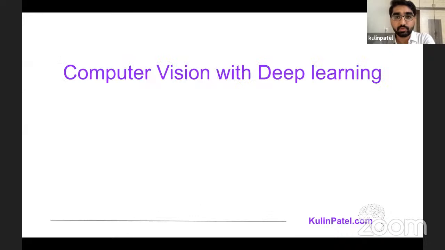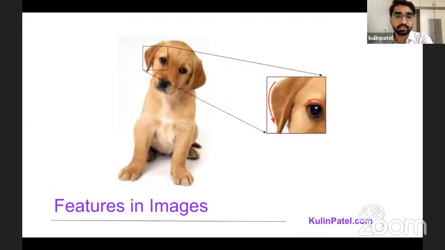Then for computer vision with deep learning, first of all, we have to extract the features from the images. Like this is a dog, and a dog has ears. Somehow we feed a picture of a dog into a convolution layer or the deep learning algorithm.